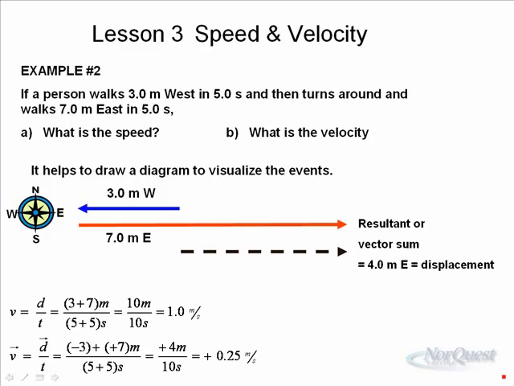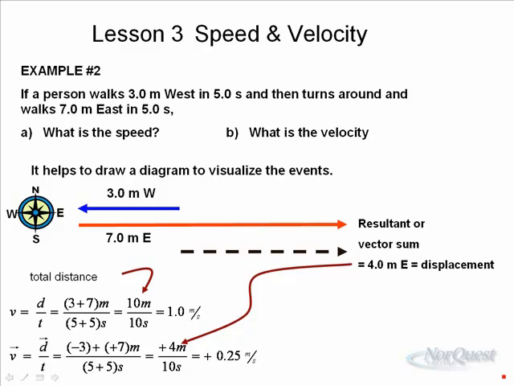The positive being east means we went a total of 4 meters east in 10 seconds, giving us a velocity of positive 0.4 meters per second, or in other words, 0.25 meters per second east. And of course, there's your total distance. There's your total displacement.